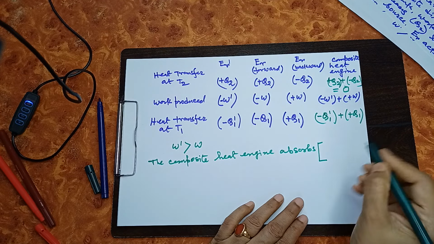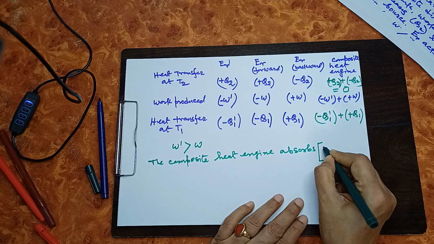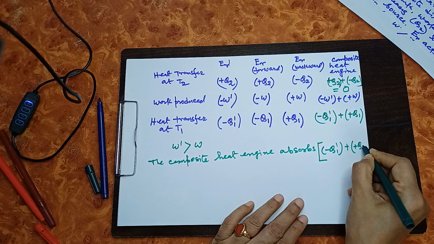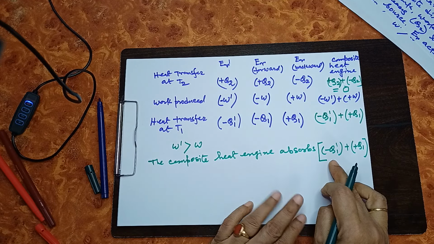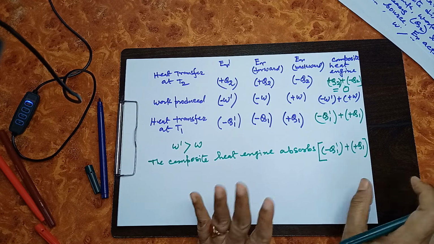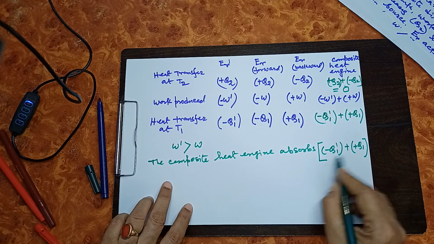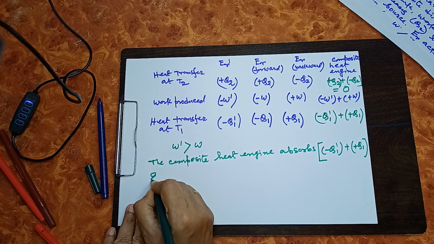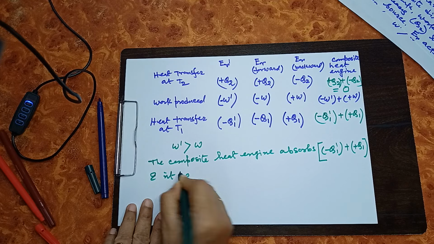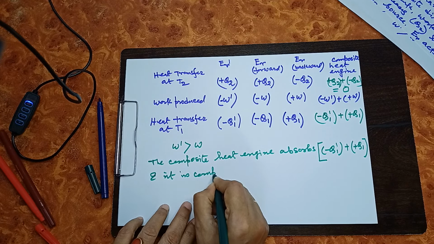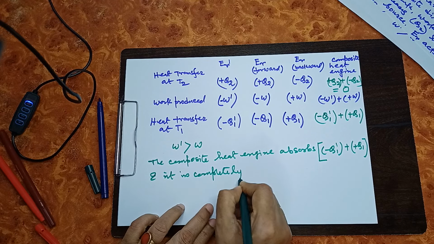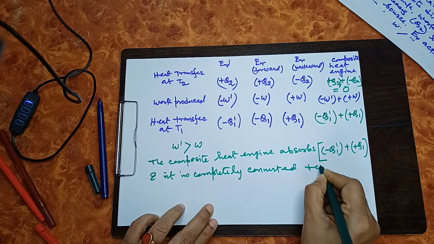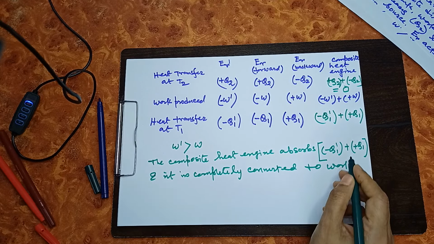What is the amount of heat? I can write it as minus Q1 dashed plus Q1. And you know that Q1 dash is less. That means Q1 is more. So heat is absorbed. Composite heat engine absorbs this amount of heat, and it is completely converted to work.